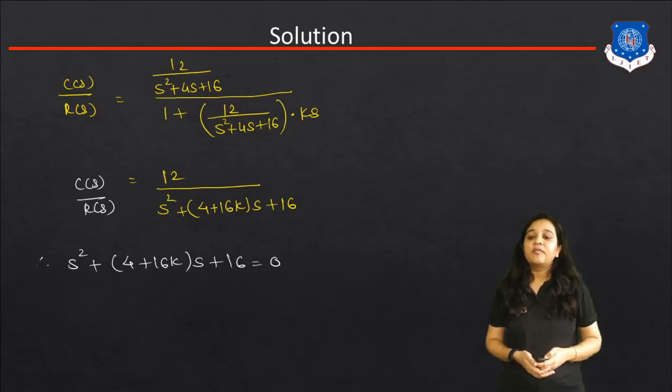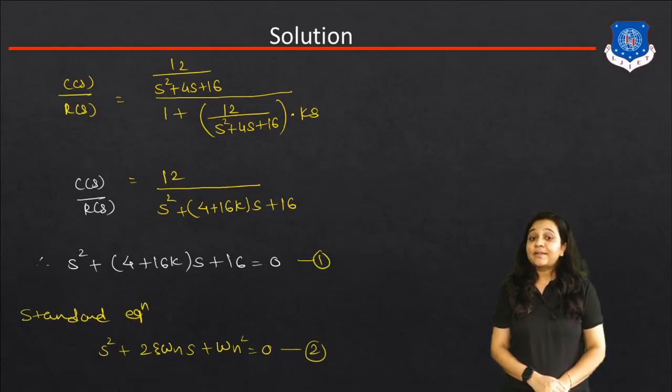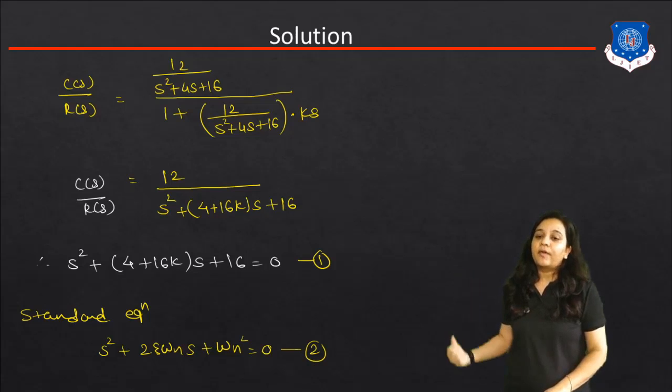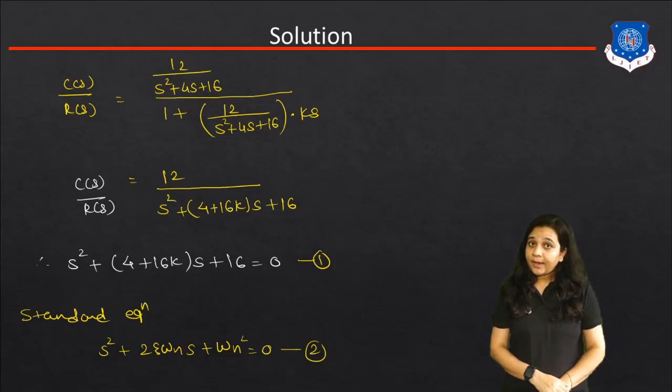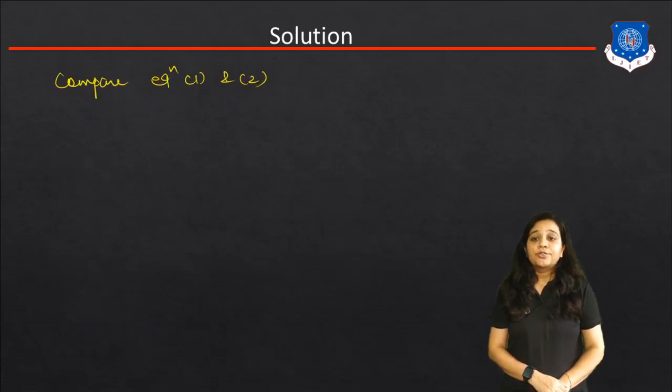The standard equation is s square plus 2 zeta omega n s plus omega n square is equal to 0. So we compare equation number 1 and 2 and find out the value of omega n, which is our natural frequency.